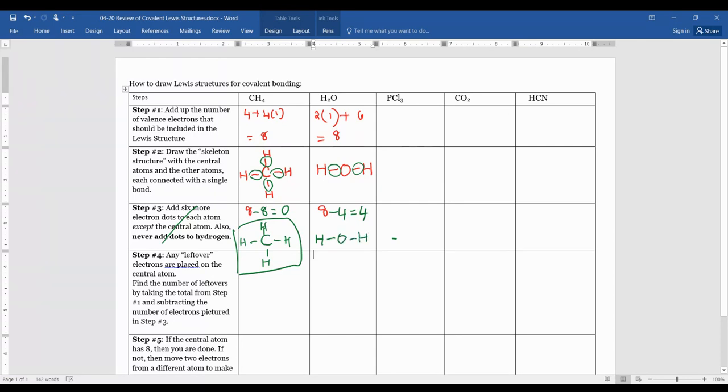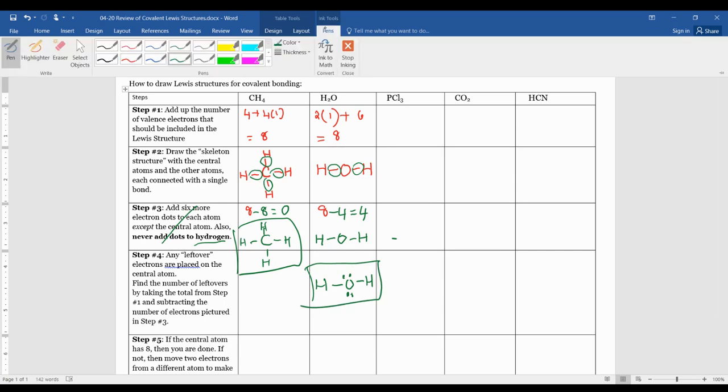Hydrogen will not get any of the electrons. Never add dots to the hydrogen. Any leftover will be placed on the central atom. So I place it on the central atom, and I'm done. All right. Going to the next one.